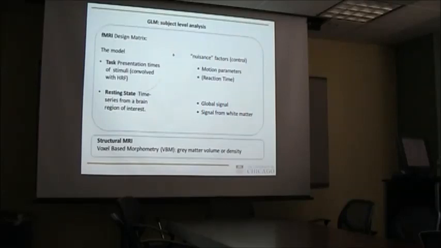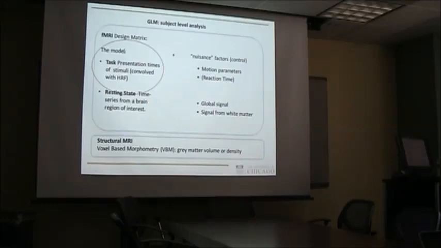So in the example I gave, I basically just talked about the model in your fMRI analysis as the presentation time of the stimuli, convolved with the HRF, just to work out an example. What you do in practice is you usually include some other factors too in your model.